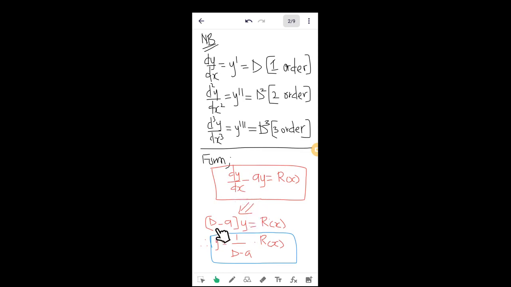So the operator D, minus the constant a, is operating on y, the dependent variable, and that should be equal to my r of x. So I can make my y the subject after applying the D operator method. I'm going to get 1 over D minus a operating on r of x.